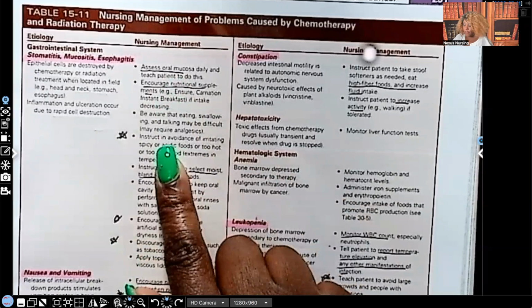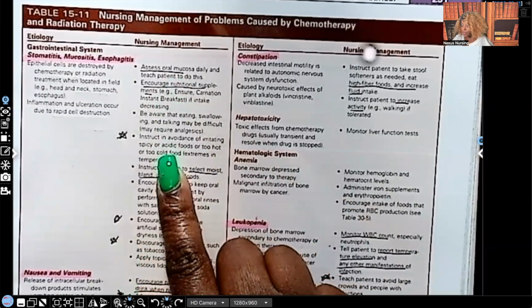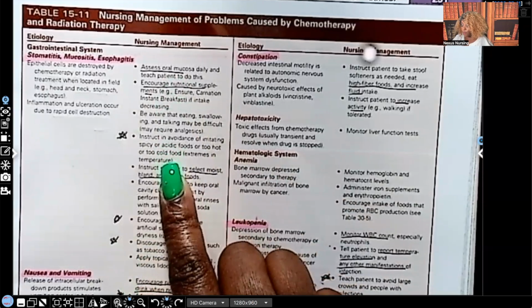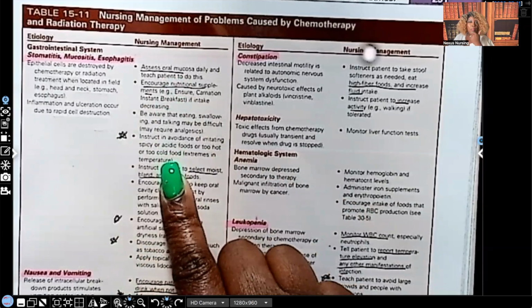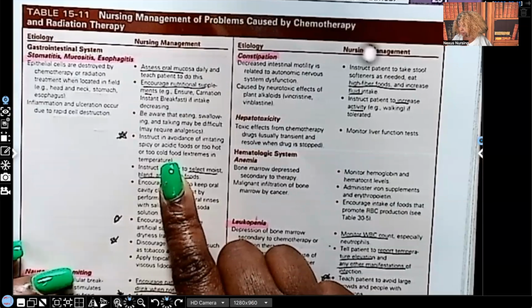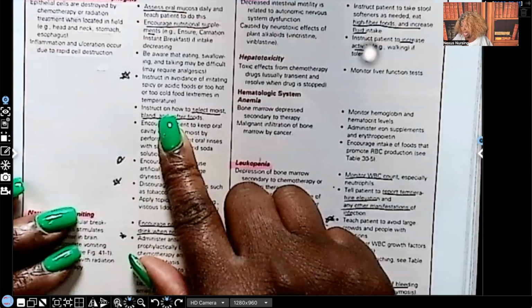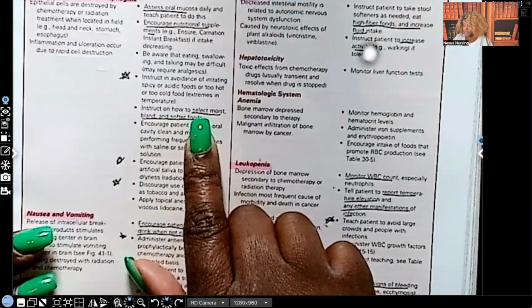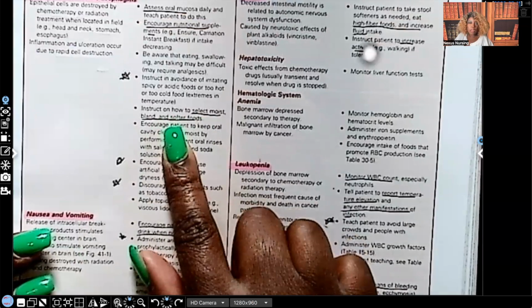Instruct them to avoid irritating, spicy, or acidic foods, or foods that are too hot or too cold. Remember, they have lesions in their mouth. It's already painful for them. So you don't want them eating anything that's spicy or too hot. Teach them to avoid extremes in temperature. Instruct them how to select moist, bland, and softer foods.